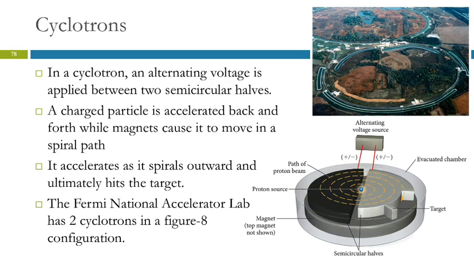it hits the target. This is an aerial photograph of the Fermi National Accelerator Lab. That is 2 cyclotrons in a figure 8 configuration. Right? These things are big. I forget how long the Stanford one is, but you'd measure it more in like half a mile rather than in feet.